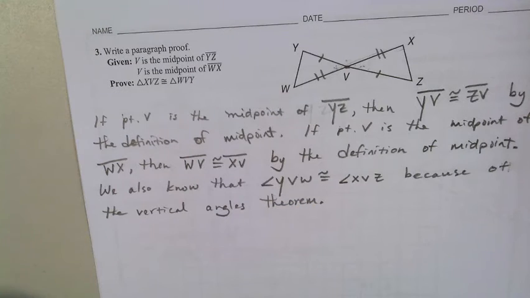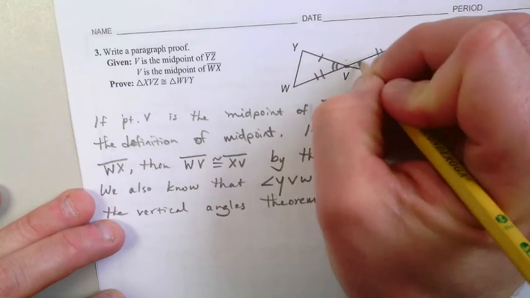What does the vertical angles theorem say? It says that all vertical angles are congruent.